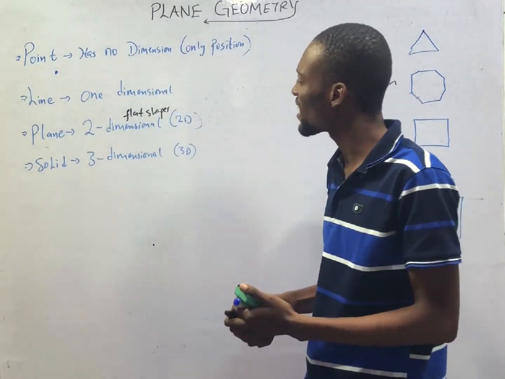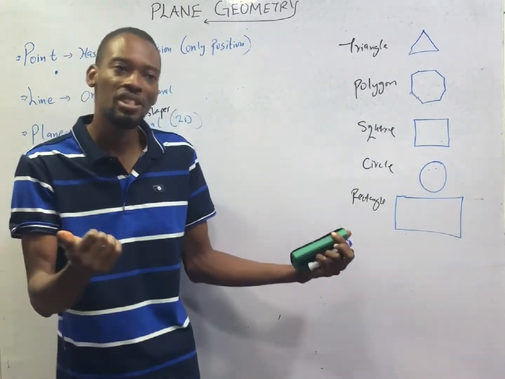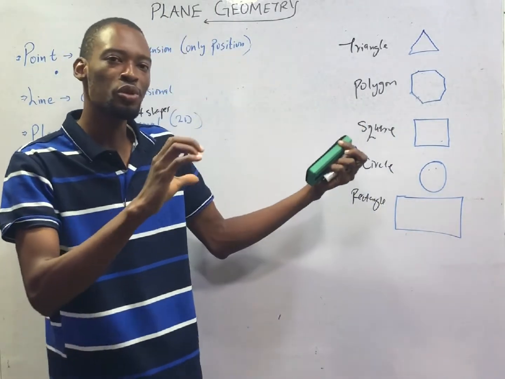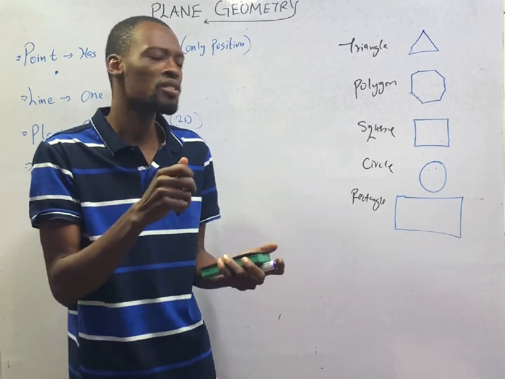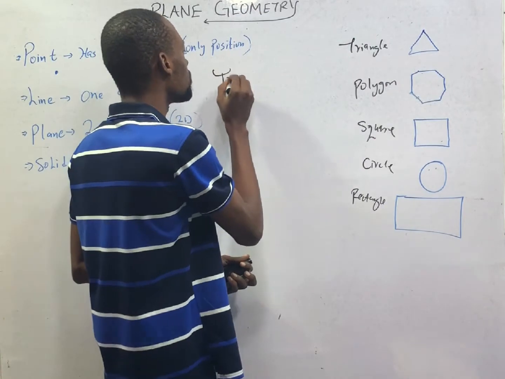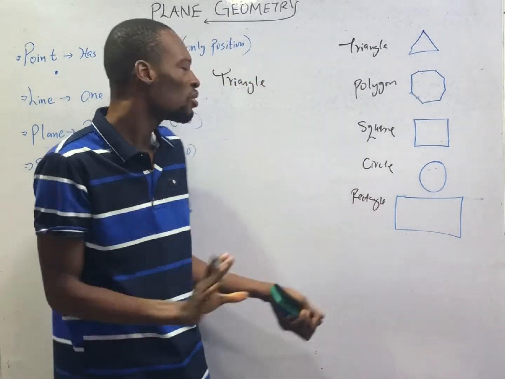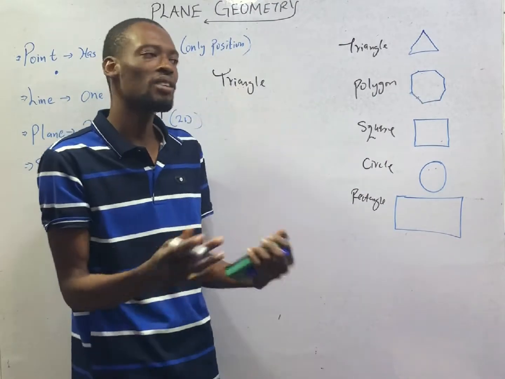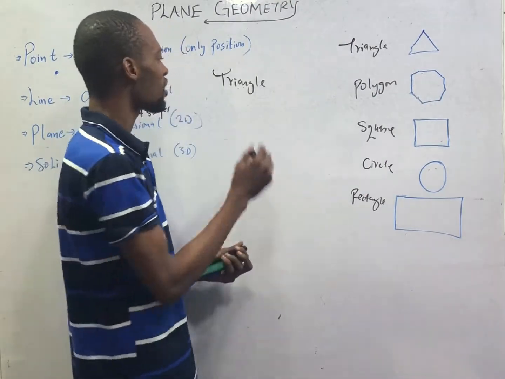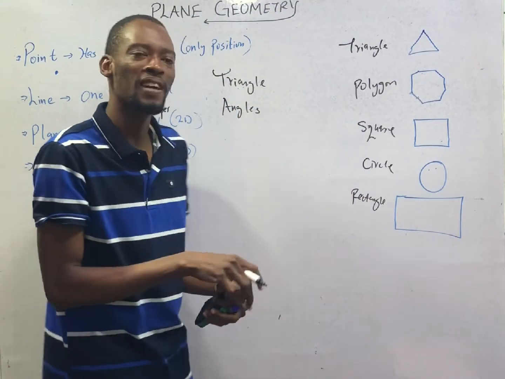Now, this class serves as an introduction to plane geometry or introduction to geometry. And the areas we shall cover in this class are triangles, the angles in the triangle, the types of triangle. Then we shall cover angles, different types of angles.